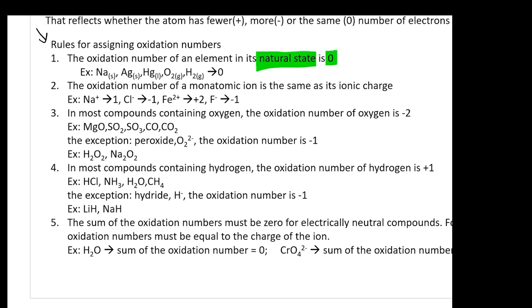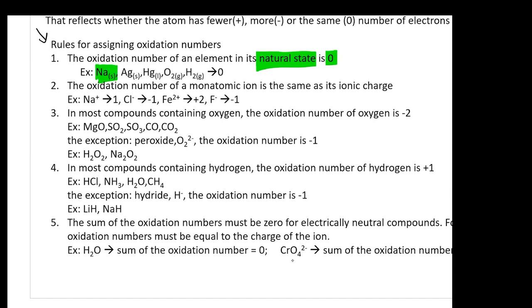For example, sodium existing in the solid form. You can see you don't see any charges go with it. Sodium naturally exists in the solid form. So in this case, the oxidation number of your sodium will be 0.